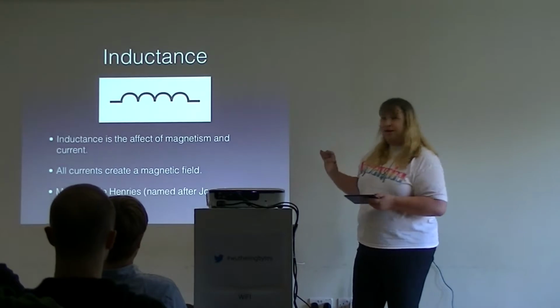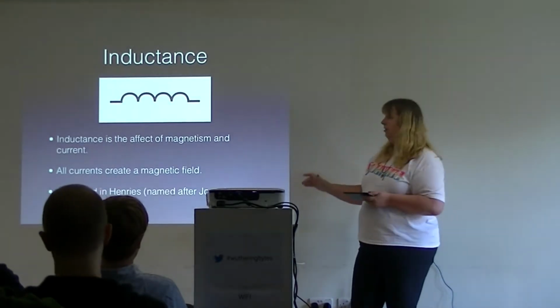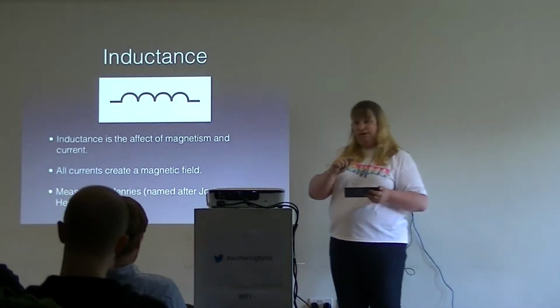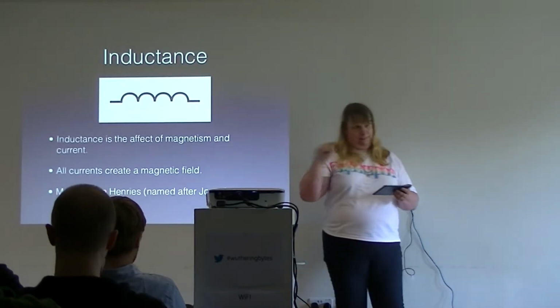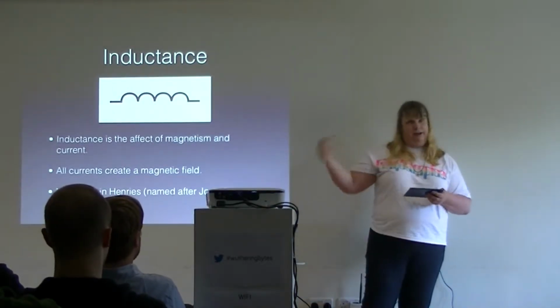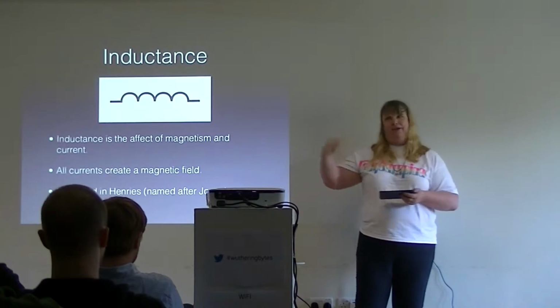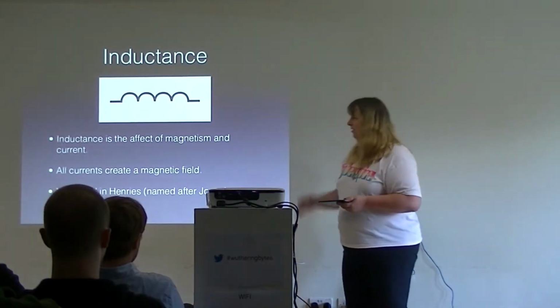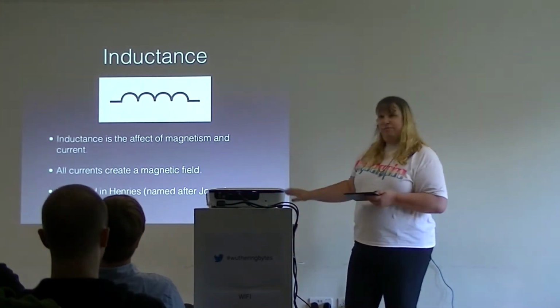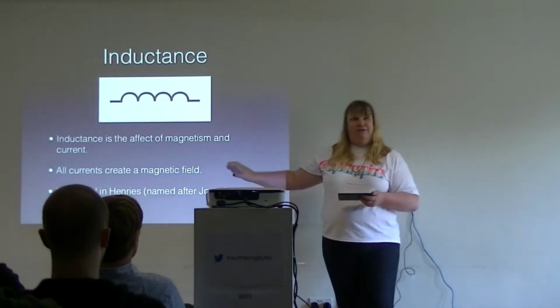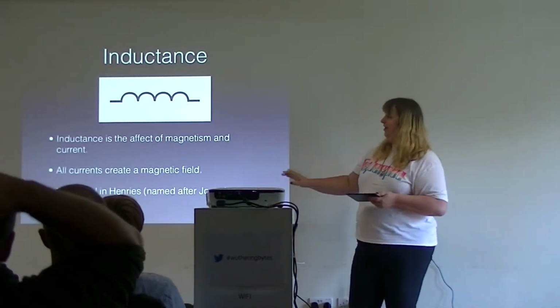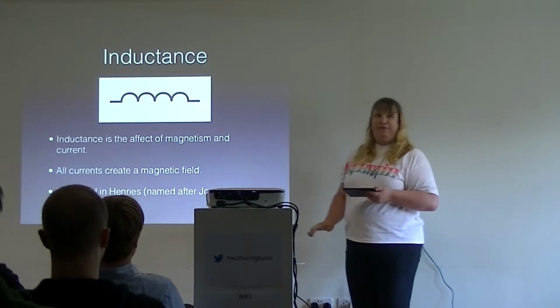Just for completeness, I include inductance, which is the effect that current flowing through a wire will create a magnetic field, which in itself affects how the current flows through the wire. There's all sorts of magic to do with RF circuits and inductance and things like that, and I'm not going to bother to talk about it.